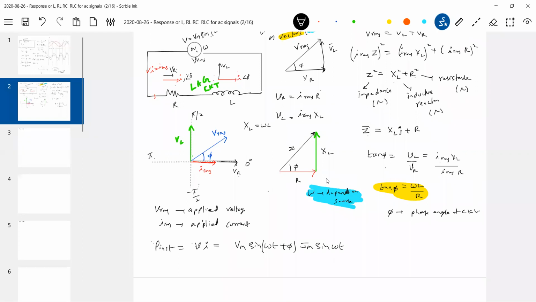Is it justified writing sine omega t plus phi because current lags the voltage? So this should be Vm Im sine omega t, expansion of this: sine omega t cos phi plus cos omega t sine phi.